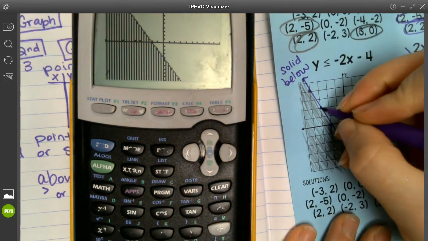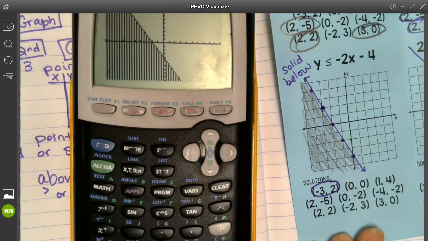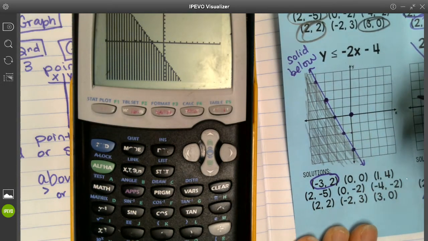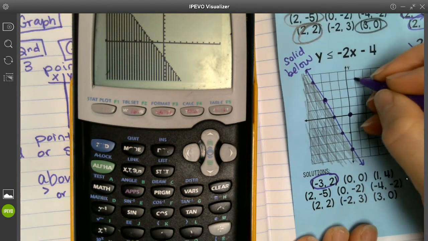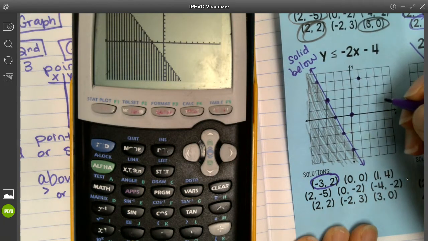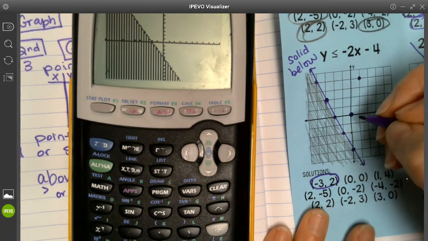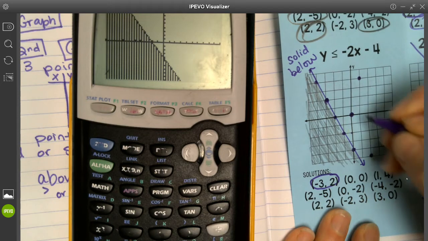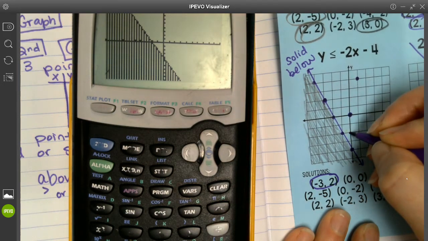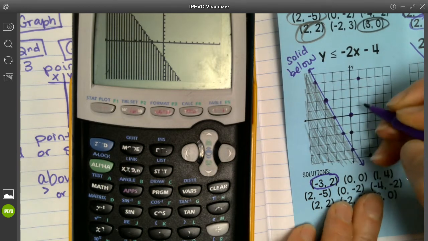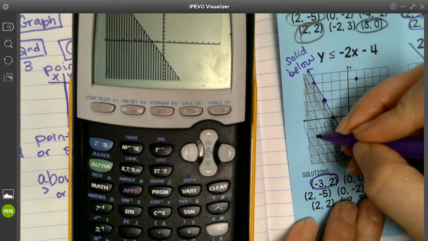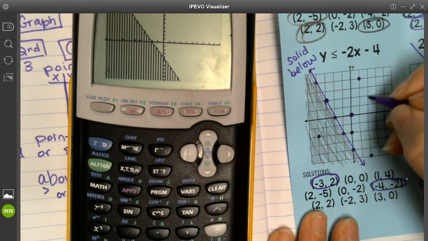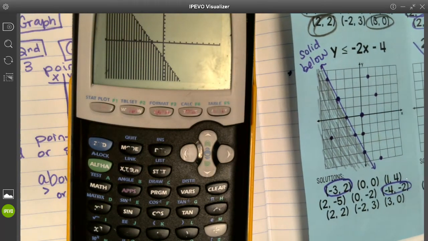So like the first one, negative 3, positive 2, that is a solution. 0, 0. 1, 4. 2, negative 5. 0, negative 2. Negative 4, negative 2, that is included. 2, 2, it's not included.